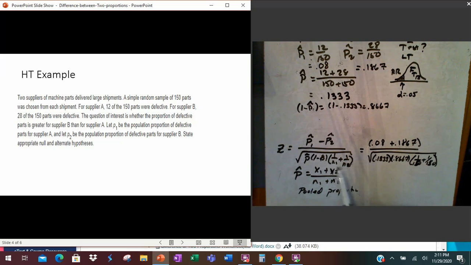Okay, so this was 1 over n1, our 150, and there was our 150. So I type all this into my calculator.